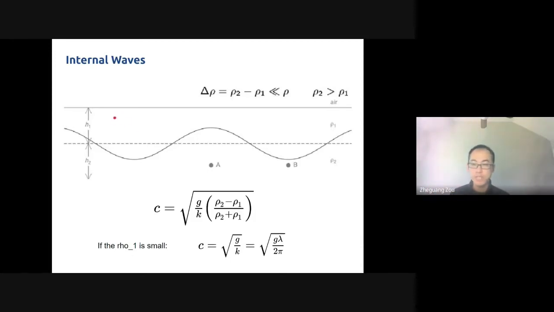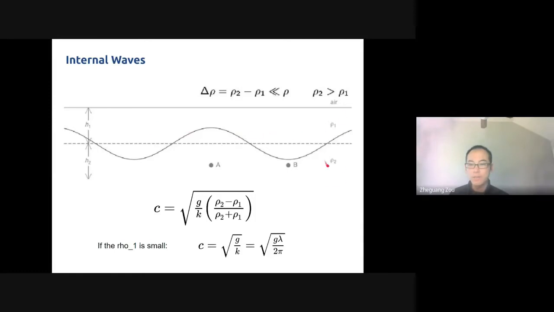We only have two media here, rho 1 and rho 2, and we forget about the pycnocline. We think the pycnocline is pretty thin, or in some cases it's just two layers. And for this two-layer water, or any two-layer fluid, we can have an internal wave propagating at the interface.